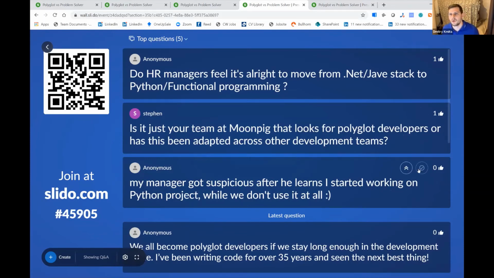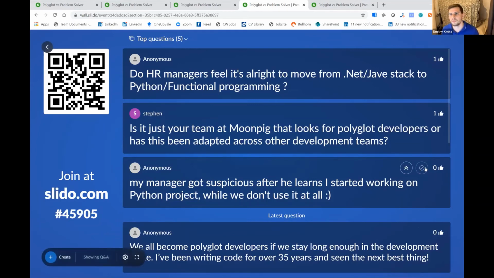So I probably never saw an example where polyglot developers would get higher salaries, because businesses get money for solving problems for their customers, and they pay salaries for people who solve problems and not necessarily know everything.